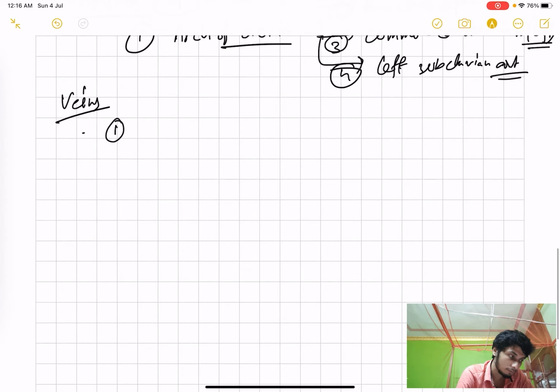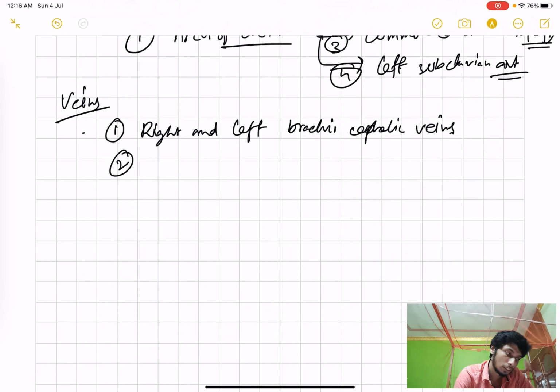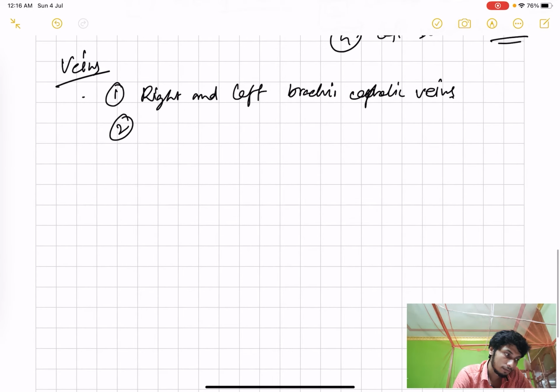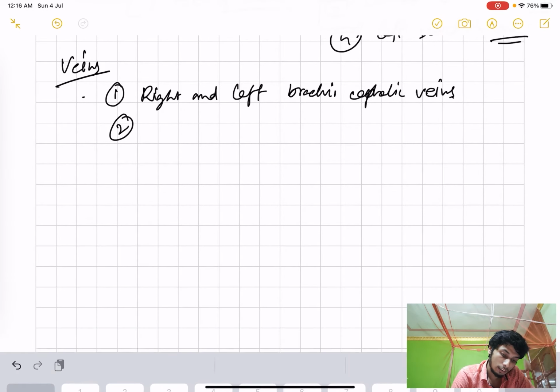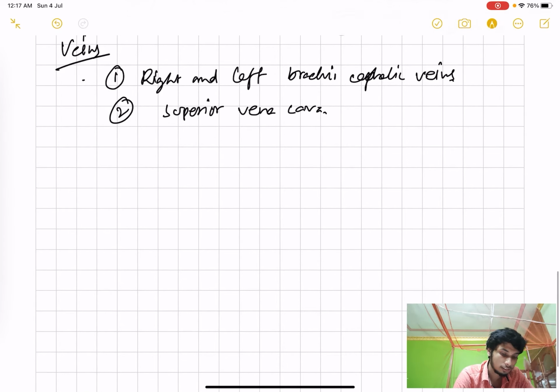Veins. Remember this: right and left brachiocephalic veins. Number 2, the superior vena cava.